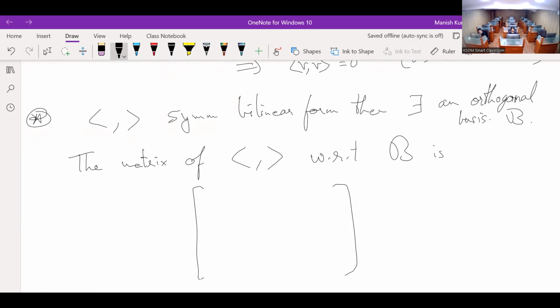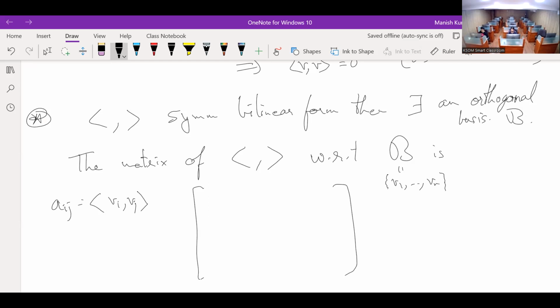Because the matrix with respect to a basis is basically Aij, the evaluation of Vi with Vj. So if this is V1 to Vn, then Aij is Vi Vj. This is how you write down the matrix of this bilinear form. So it's going to be a diagonal matrix, and what will be the diagonal entries?